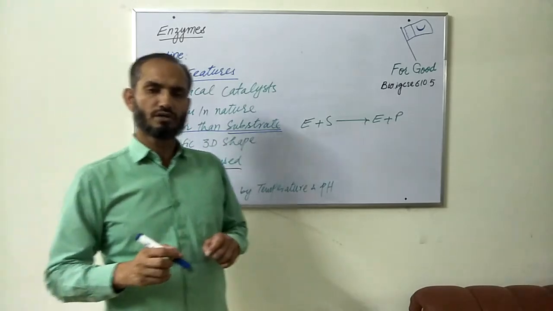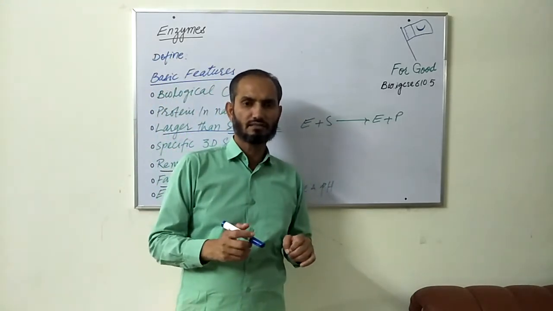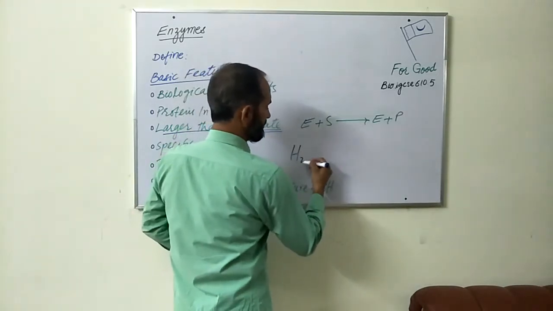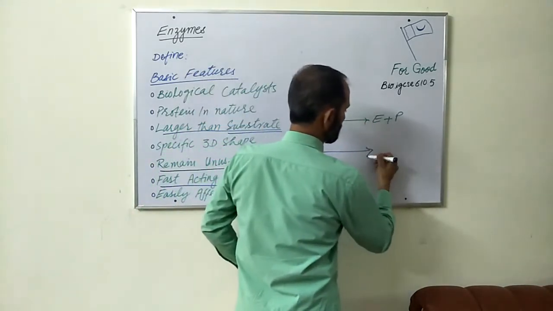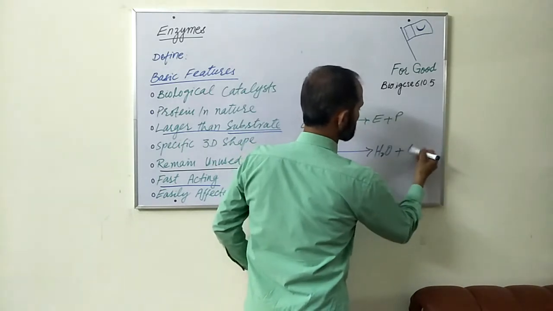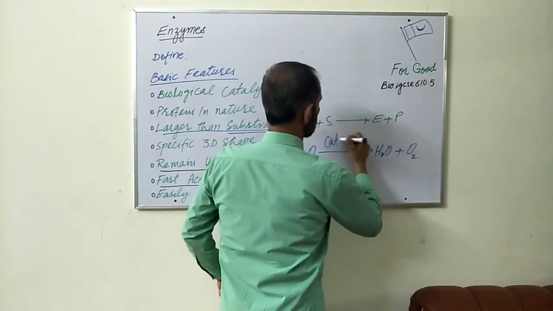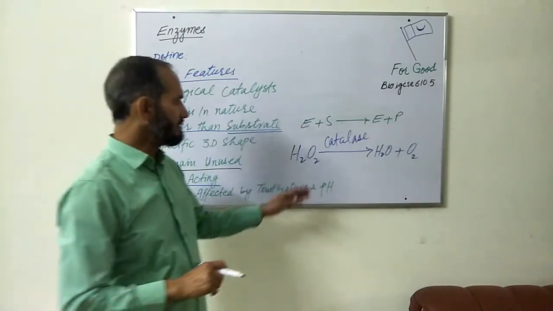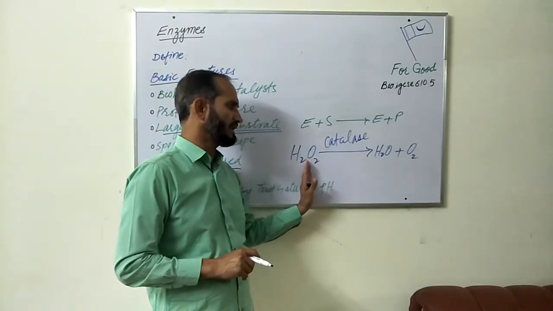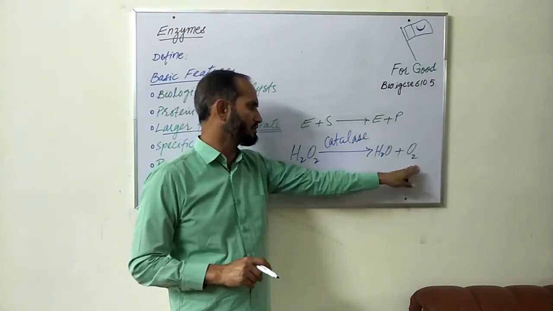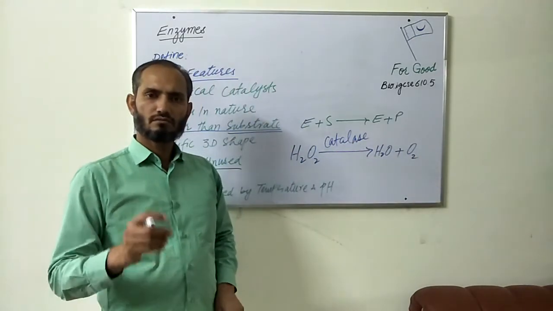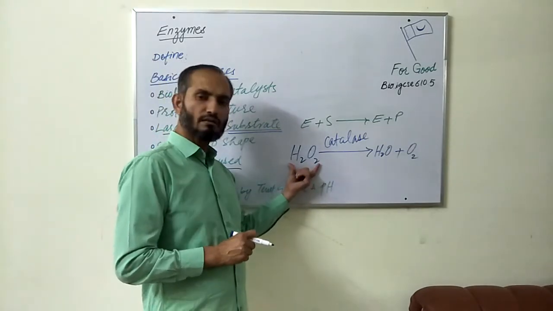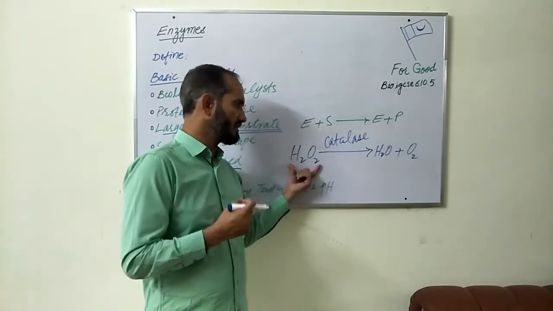One of the world's fastest enzymes is catalase. Catalase enzyme can break hydrogen peroxide molecules into water plus oxygen with such a speed that several million molecules of hydrogen peroxide are broken down into water and oxygen within seconds, because this is the byproduct of cellular respiration.